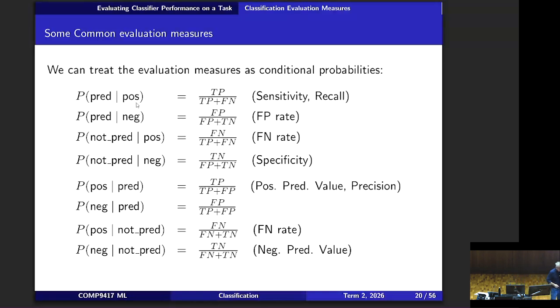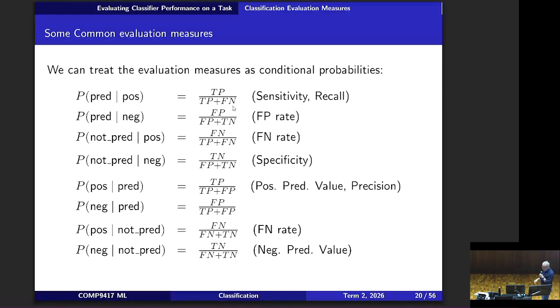Number predicted yes, given that it is actually yes, is this expression here, true positives over true positives plus false negatives. When you're reading this back later, check to see that that makes sense.